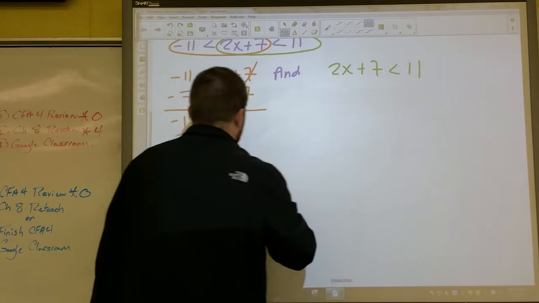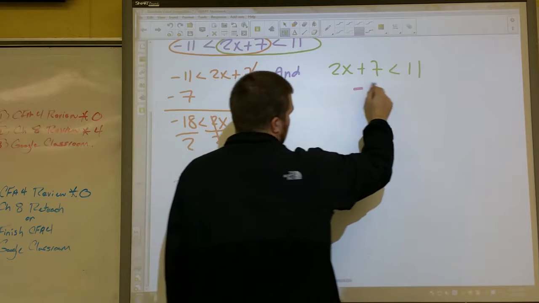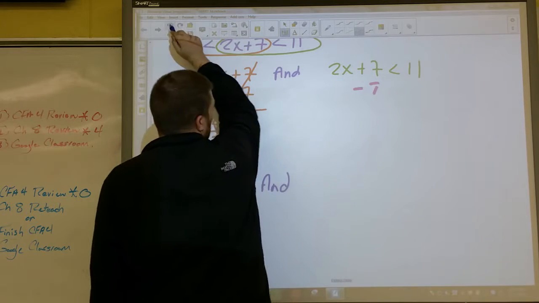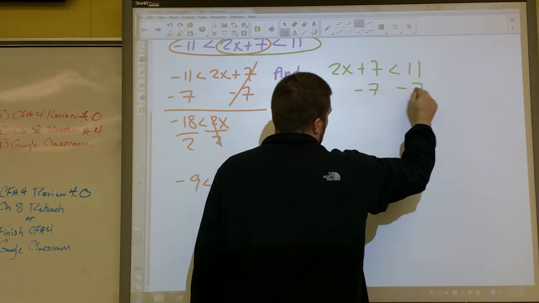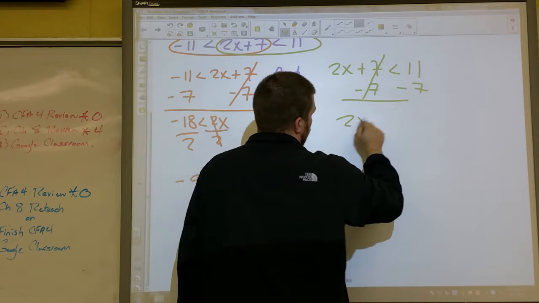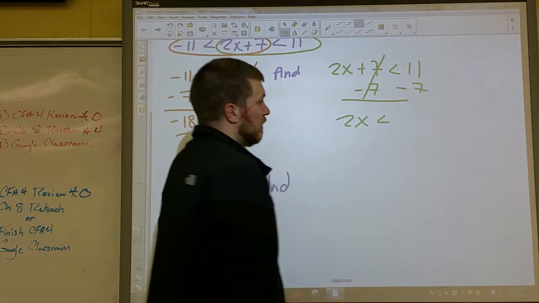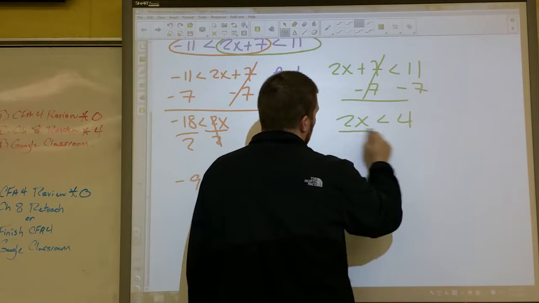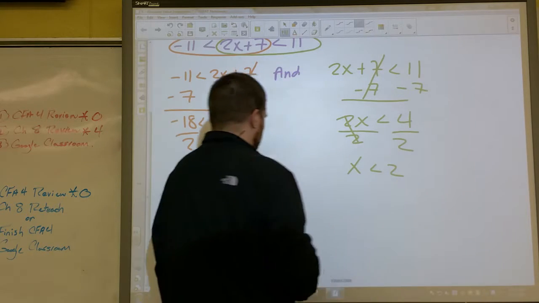And now the green one, minus 7 on both sides. 2x less than 11 minus 7 is 4. Divide by 2 on both sides. So x less than 2.